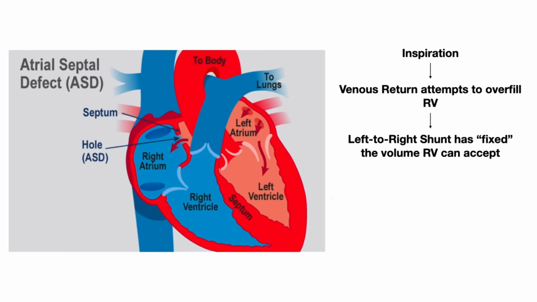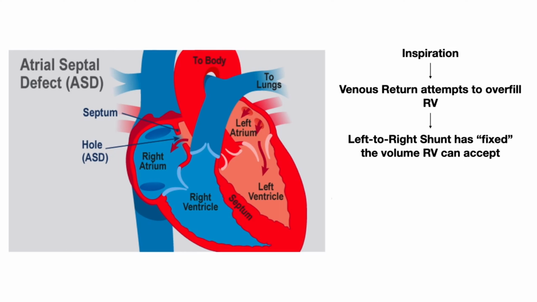So even if for a split second that right ventricle could put more blood through the pulmonic valve and cause a delayed pulmonic valve closure, it wouldn't really matter what you did or what the patient did during inhalation or exhalation, because eventually you're going to get equilibration between the left and right side of the heart because that atrial septal defect is there, allowing that hole to pass blood and shunt blood from the left to the right side of the heart.